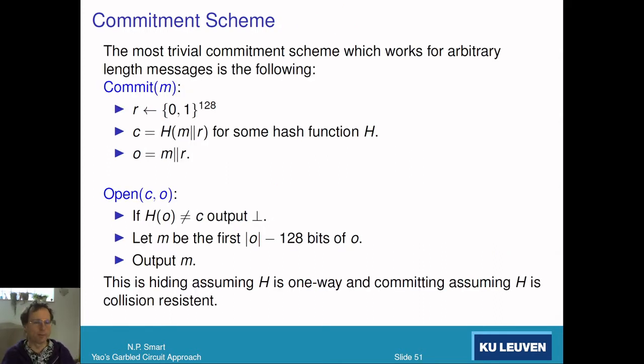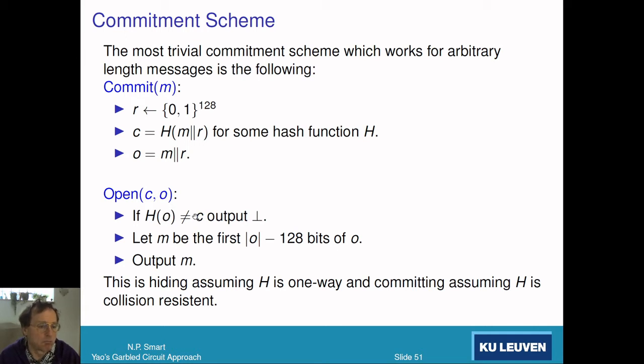So the most trivial commitment scheme is to actually just hash. What you do is you take the message M, you take R, some 128-bit string just to randomize it, and then the commitment is the hash of the message given the randomness, and the opening data is the message and the randomness. Now when we open, we hash that opening data and check whether it's equal to the commitment or not.